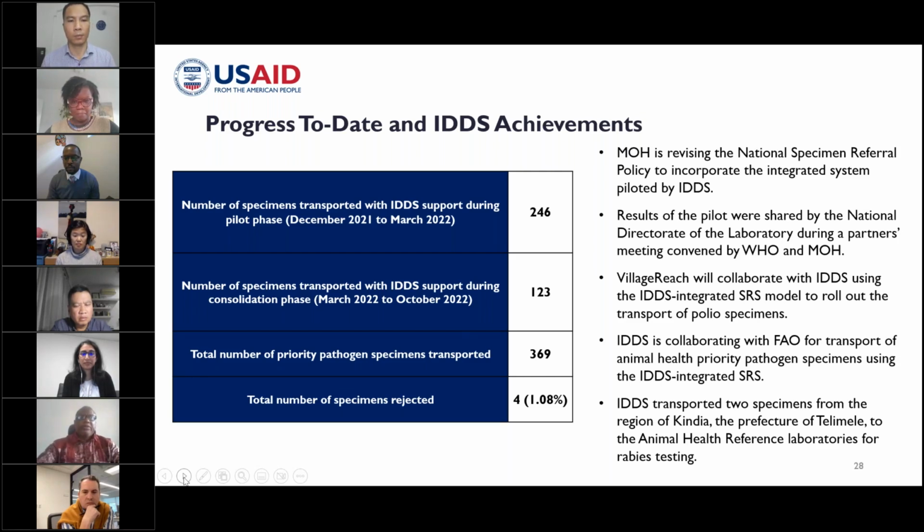We are collaborating with a partner, WHO, and the immunization program to roll out the transport of polio samples using the IDDS integrated SRS model. And thank you to Kameko, who facilitated that collaboration. We are also collaborating with FAO for transport of animal health priority pathogens using the IDDS integrated SRS system. Next slide.